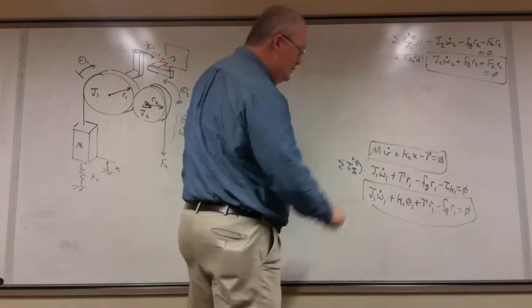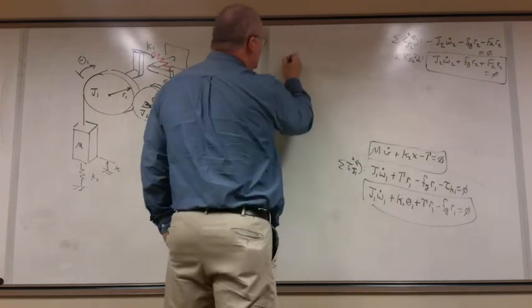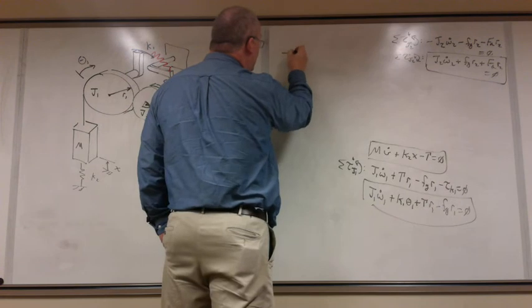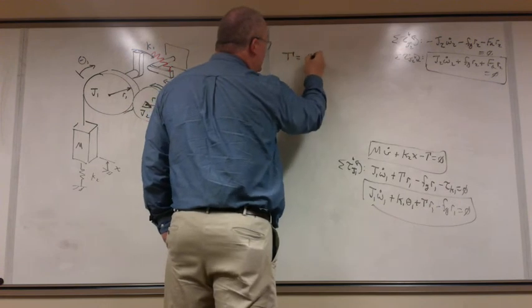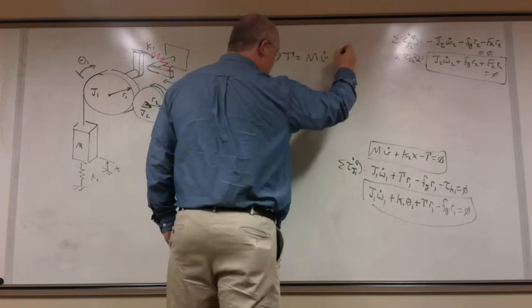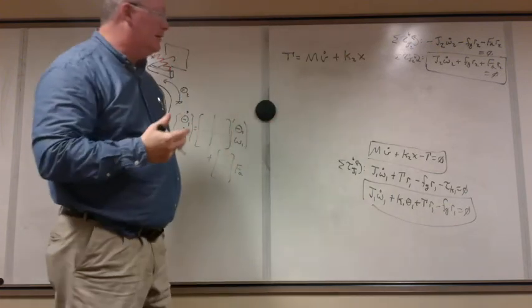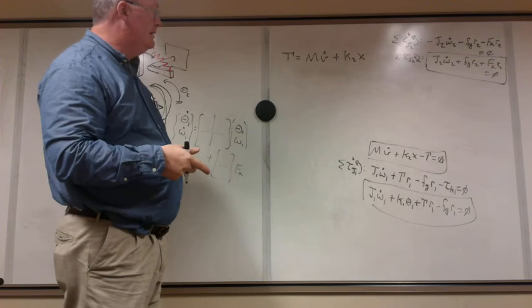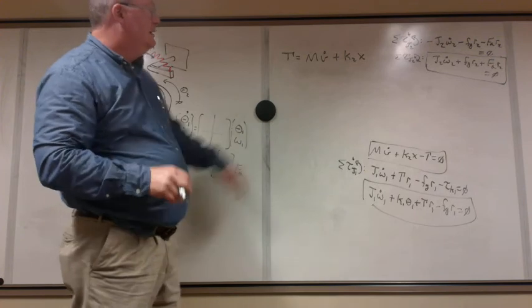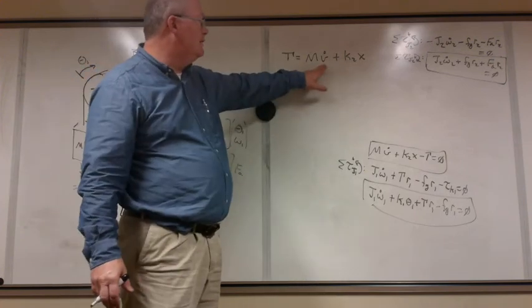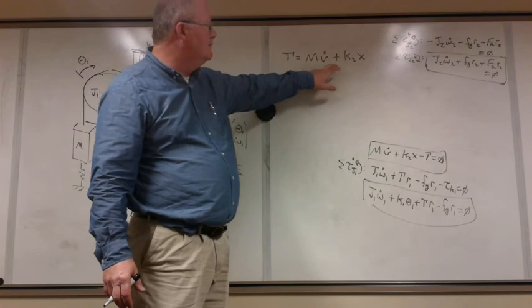Here, I can solve that expression for T. T is actually equal to m v dot plus k2 times x. Now what's interesting, another way of looking at it, is that I can express the acceleration of that mass in terms of this.